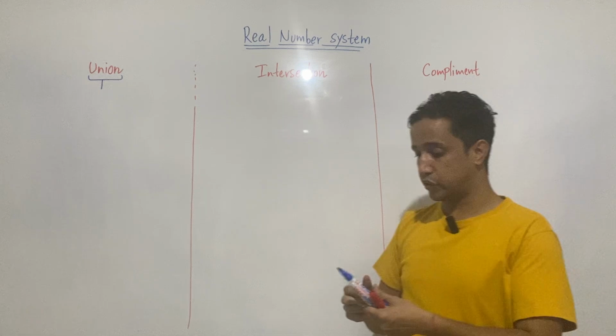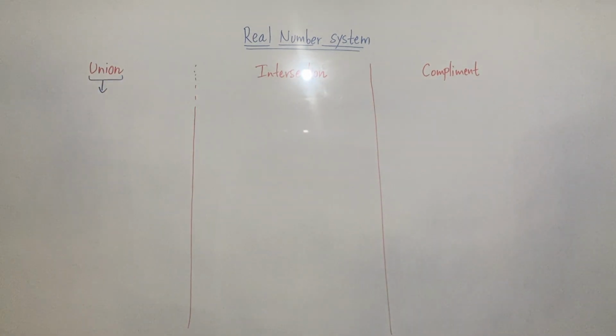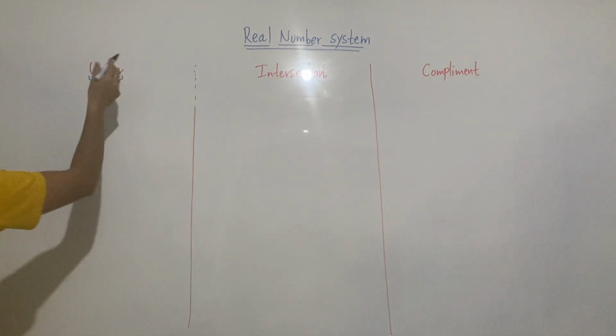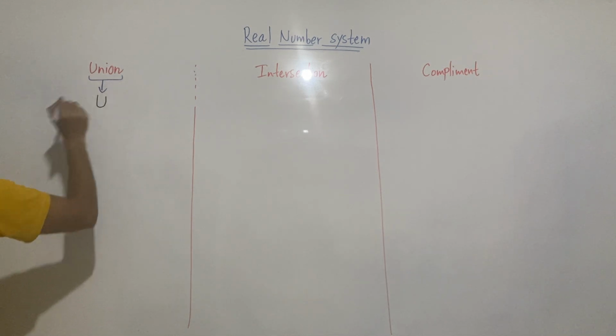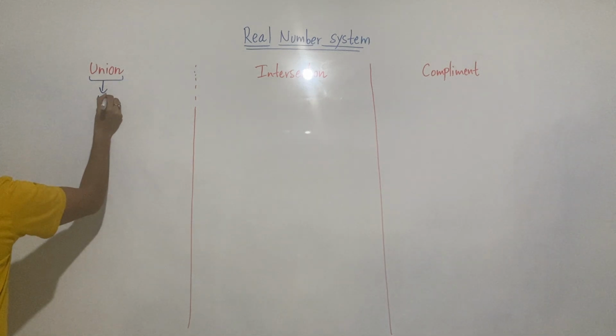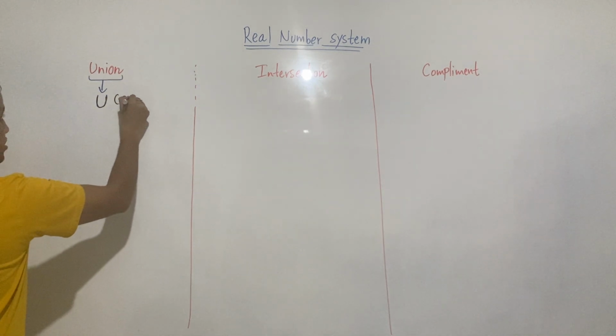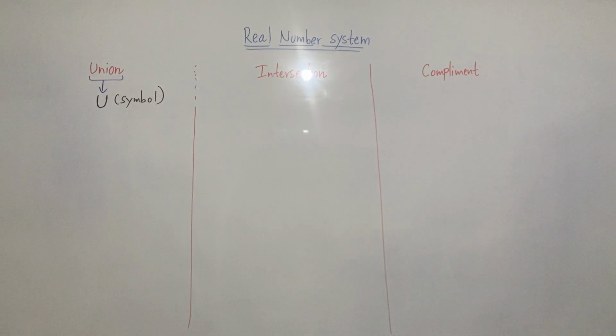Let's start with the union. First of all, union is represented by the Greek symbol. It is represented by the symbol ∪. So this is the symbol for union. And how do we read it?